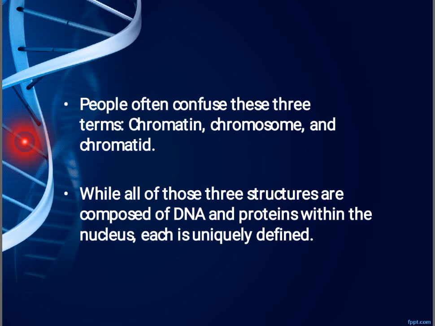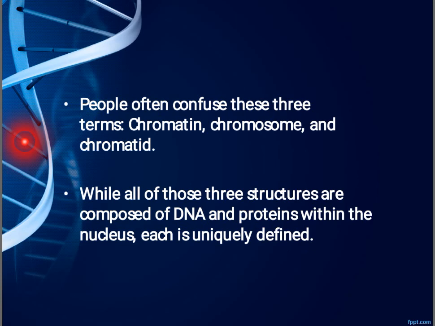As mentioned above, chromatin is composed of DNA and histones that are packed into thin and thread-like fibers. The chromatin undergoes further condensation to form chromosomes. So here you can note that chromosomes and chromatin are totally different.